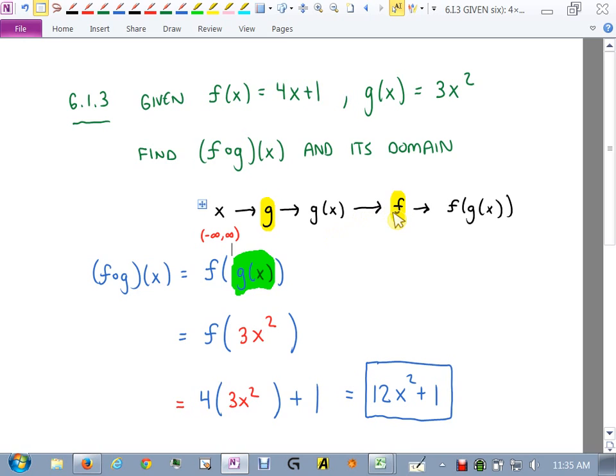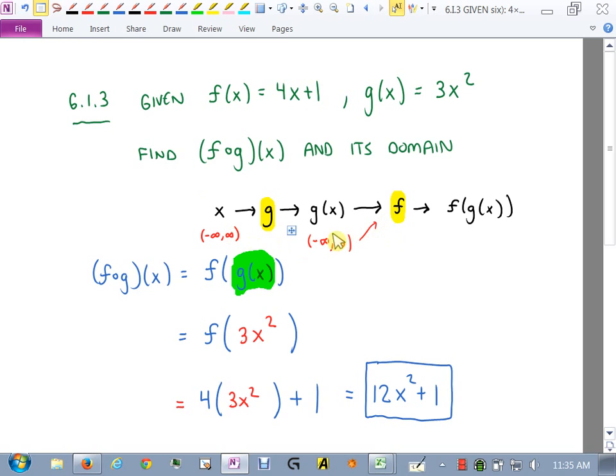Now, let's look at F. Are there any domain restrictions on F? This thing right here has no domain restrictions, right? So no matter what comes out of G, F will be able to handle it, won't it? No matter what. So I'm going to put here negative infinity to infinity is what can go into F. I'm just trying to give you some sort of visual guide as to what's happening here.